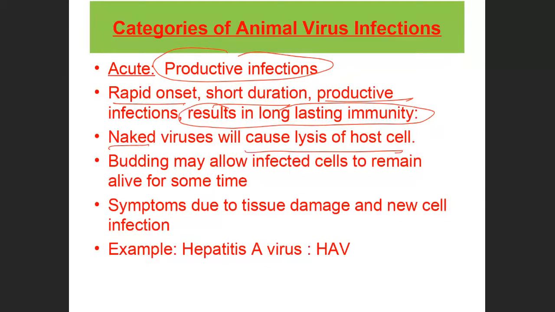If it is an envelope virus, it may bud outside, releasing viruses. Symptoms are typically due to the damage of the cell as it is going through the infection. Examples of acute viral infections: the hepatitis A virus, and the rhinovirus that causes the common cold.